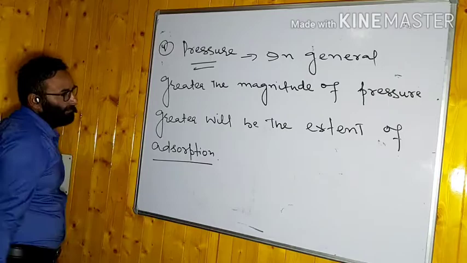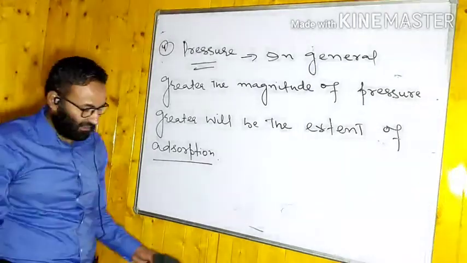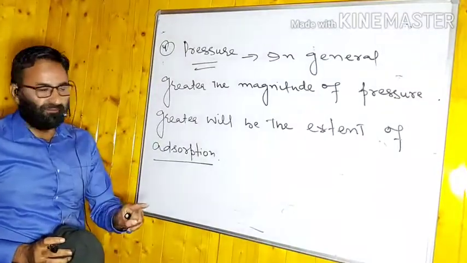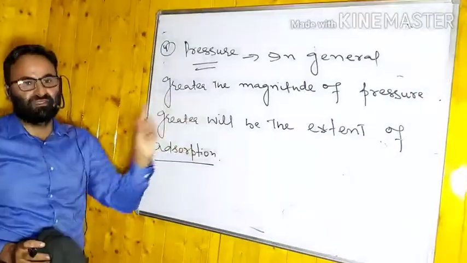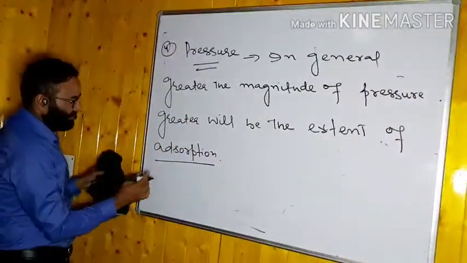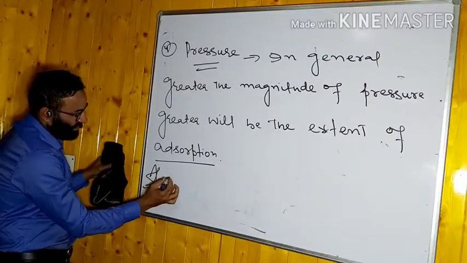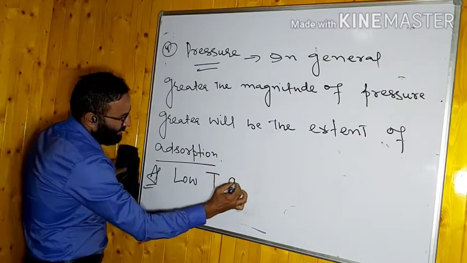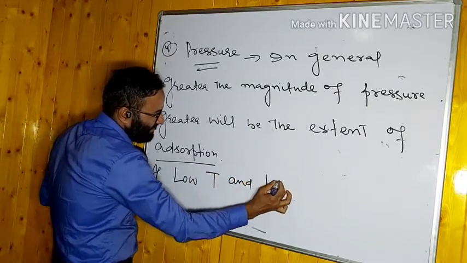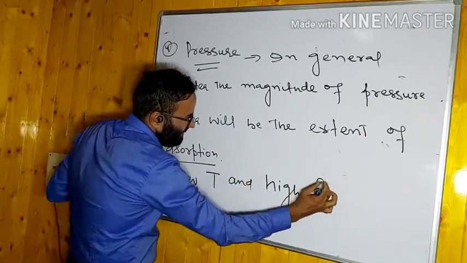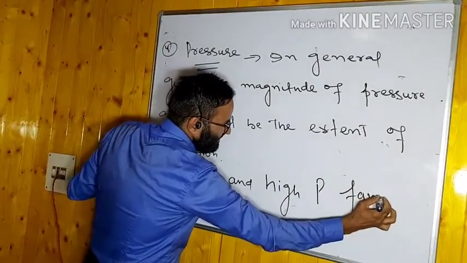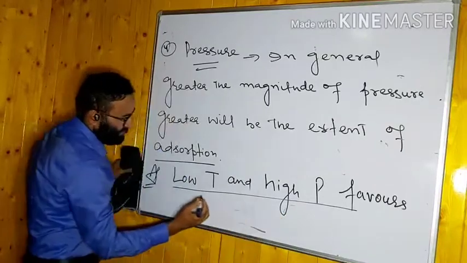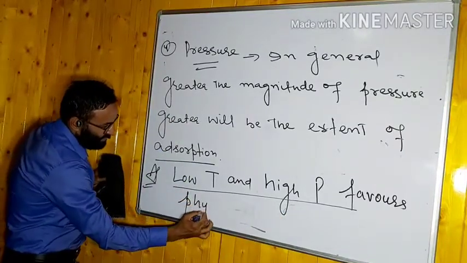It means that you can remember an important point. What should the temperature and pressure be for physical adsorption? Low temperature and high pressure favors physical adsorption. You can mention this important point here. Low T and high P favors physical adsorption.